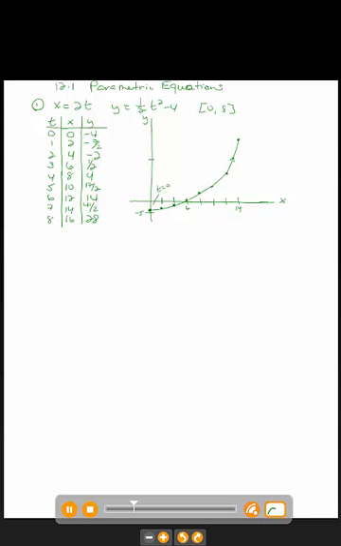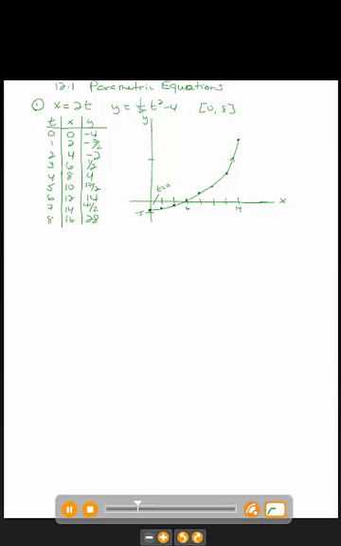The next dot happens when t is 1, it's at 2. And the book is counting by 2, so I'll count by 2s. 2, comma, negative 7 halves. Negative 7 halves is a little higher than that, so right here.